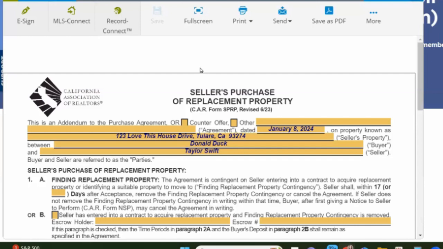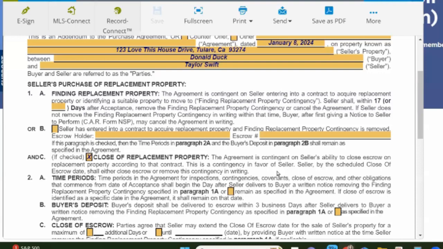So again, this is going to be an addendum to either the purchase agreement or a counter offer. We've got our dates, we've got our names and our address up here. So we have a couple of choices here. This is going to either be contingent on them finding their replacement property, which means as a seller, I've put my house on the market.